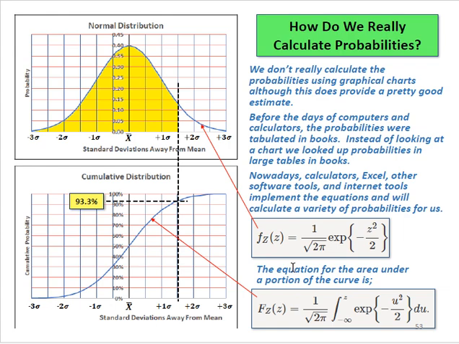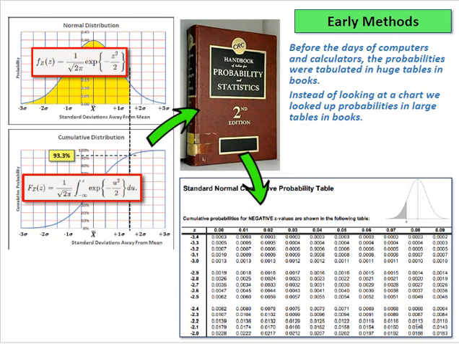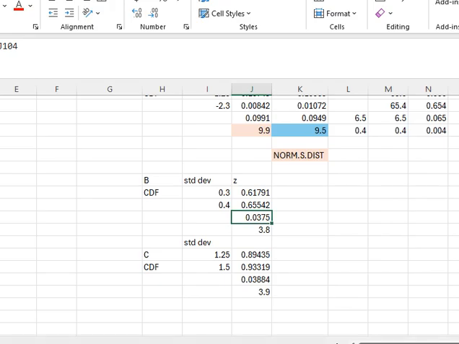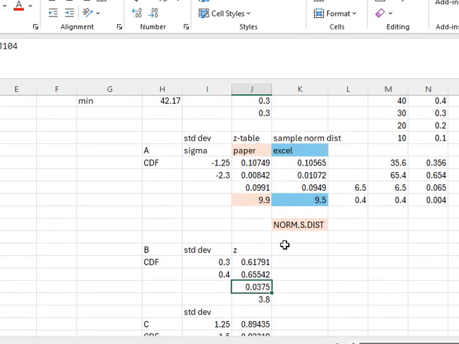Now we're going to go back in history. Early methods used a handbook. Look at this very, very old book that you can get in your library. You can go and find it and take a look at it if you have time. So you have a probability and statistics book, and I'll show you the Z table and an example calculation of how to do it right here with the Z table on the paper.